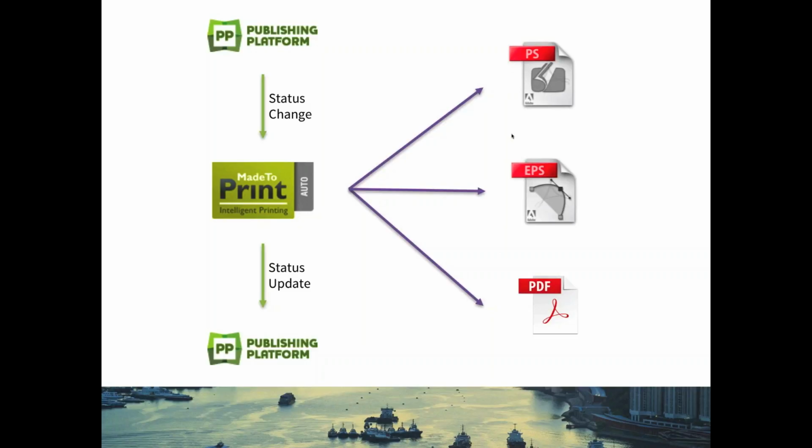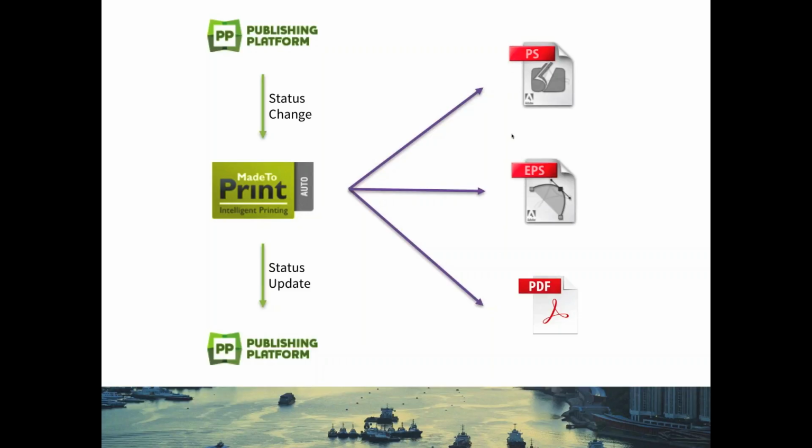So someone sets a file to ready for production, MadeToPrint takes over and generates all of the output in specific locations, and then it updates the status of that particular file in the Quark publishing platform to production files generated, or whatever you want to call that status. So it integrates into the system, and at that point, the user doesn't need to do anything.